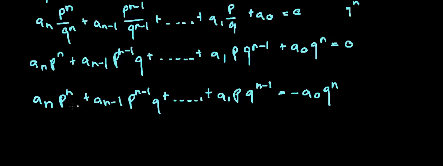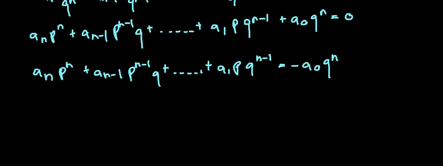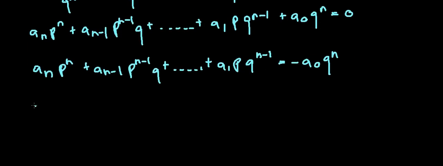And now you'll notice that on the left side of the equation we have a common factor of p. Every single one of these terms is going to have a p in it. So we can factor p out of this side of the equation.